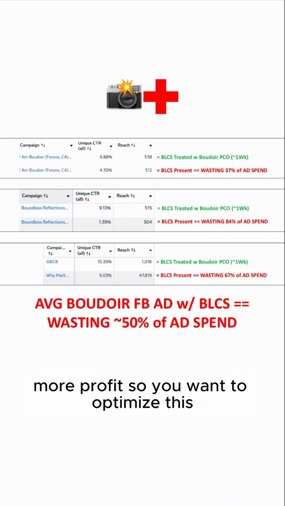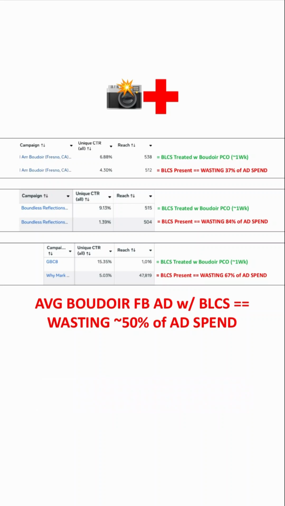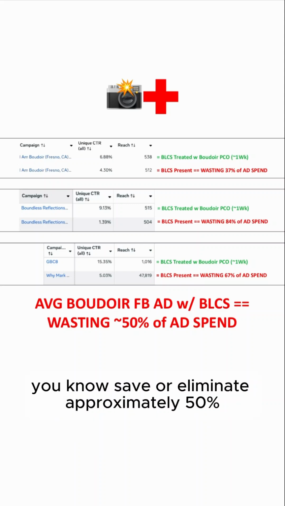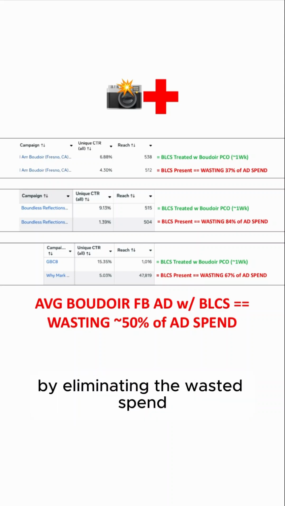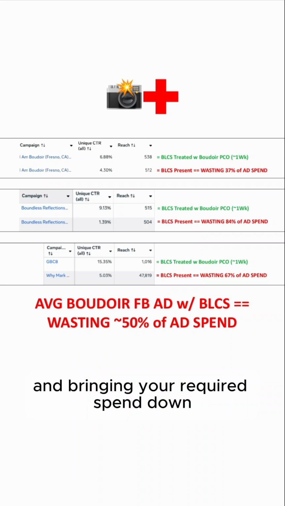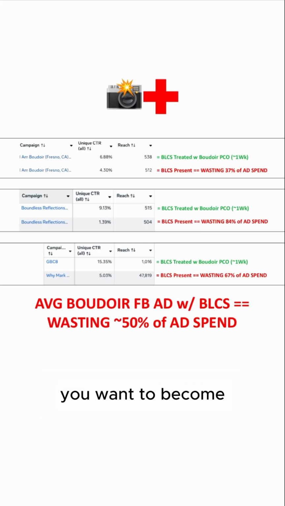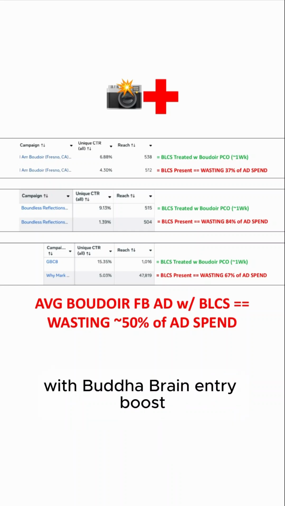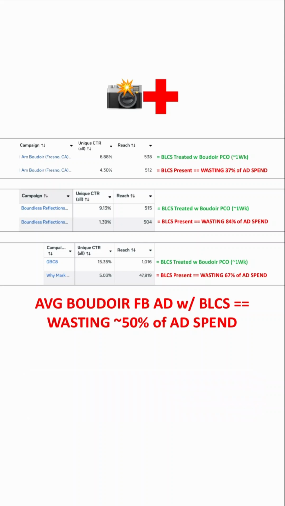So you want to optimize this, and you're seeing what the Boudoir Pico treatment has done for others, and you see on average it can save or eliminate approximately 50%, 5K a month put back in your pocket, approximately 60K over the next 12 months by eliminating the wasted spend and bringing your required spend down. And you want to achieve pre-click alignment, so you can become a dominant Boudoir advertiser with Boudoir Brain Entry Boost, because that's what you need on your path to become a number one Boudoir photographer in your city.